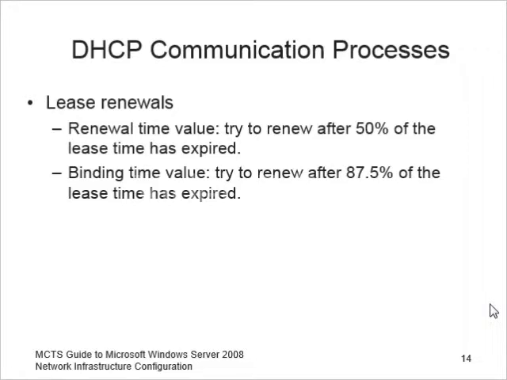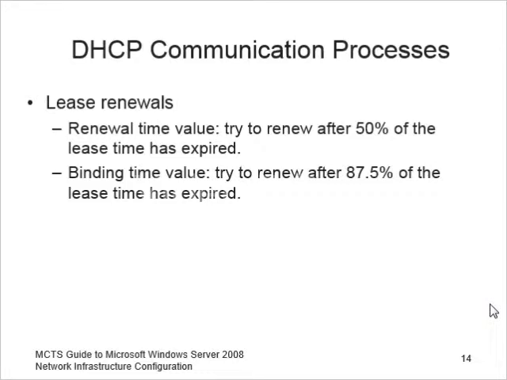Because each DHCP lease has a finite lifetime, the client must periodically renew the lease after obtaining it. Windows DHCP clients attempt to renew the lease either at each reboot or at a regular interval after the DHCP client has initialized.